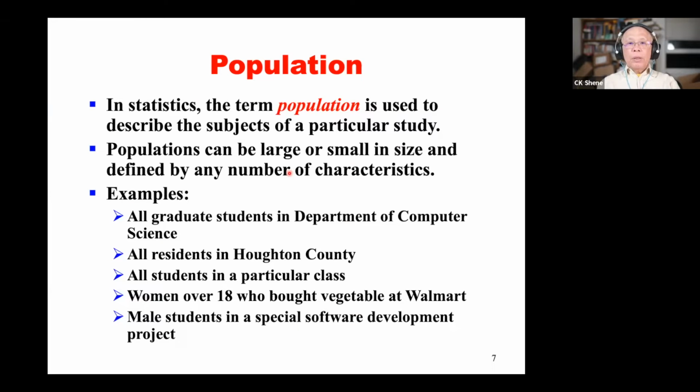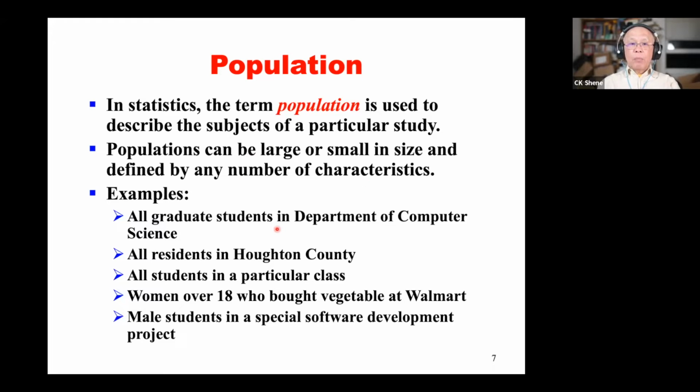In statistics, the term population is used to describe the subject of a particular study. Population can be large, the population of the United States or any country, or small in size, for example, a class of 20 students, and defined by any number of characteristics.